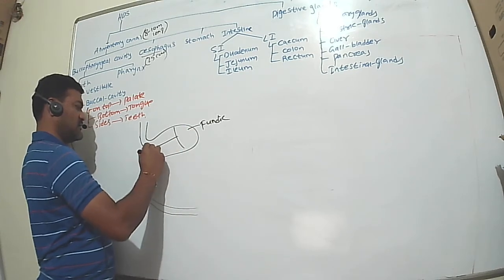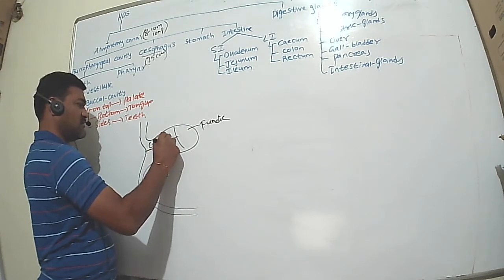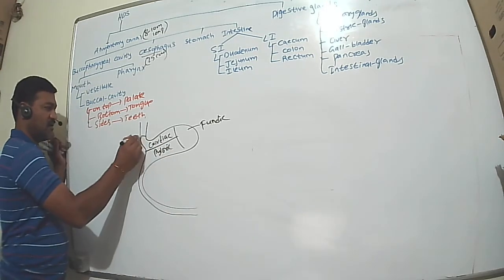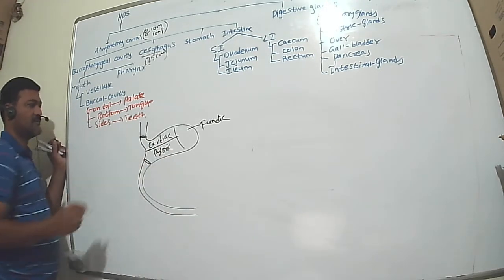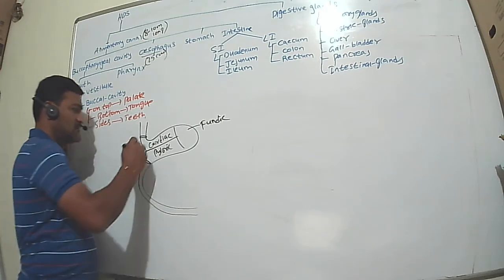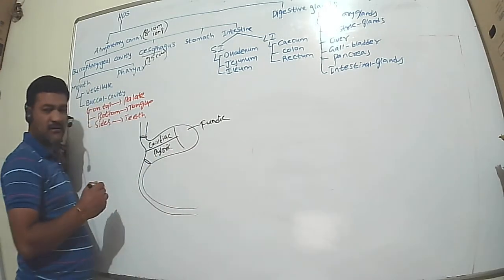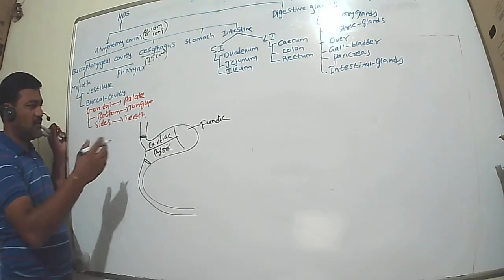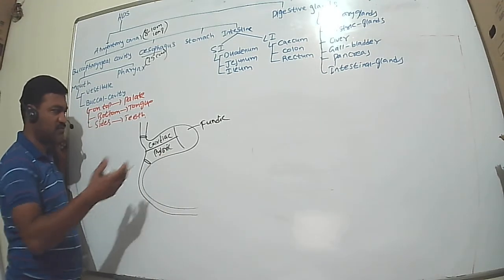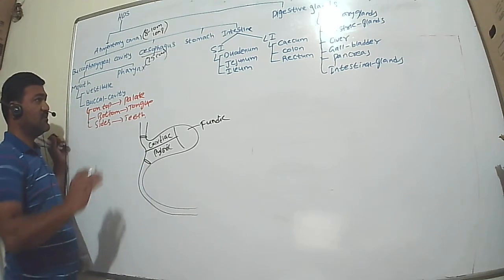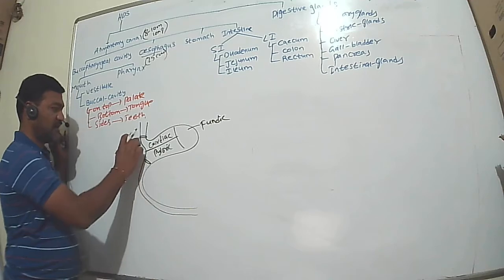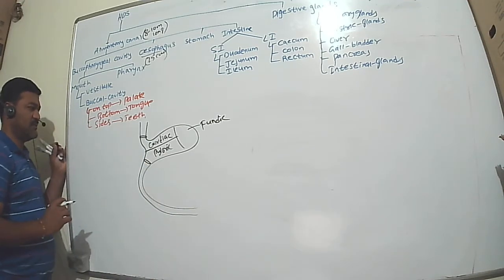This is the cardiac stomach, and this is the pyloric stomach, and you have the cardiac sphincter and the pyloric sphincter. The inner lining of the stomach, which is called the mucosa, has digestive glands which produce digestive juice. We'll discuss gastric glands later. And this is the cardiac sphincter, pyloric sphincter, and this is the stomach.